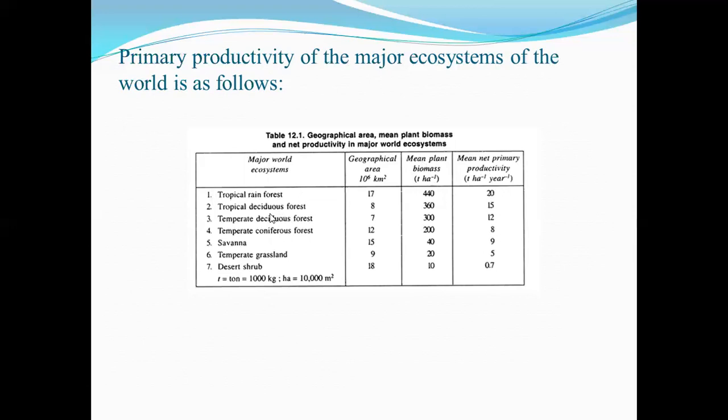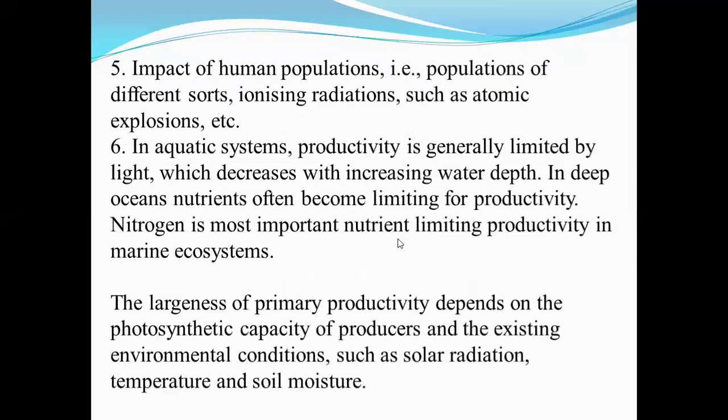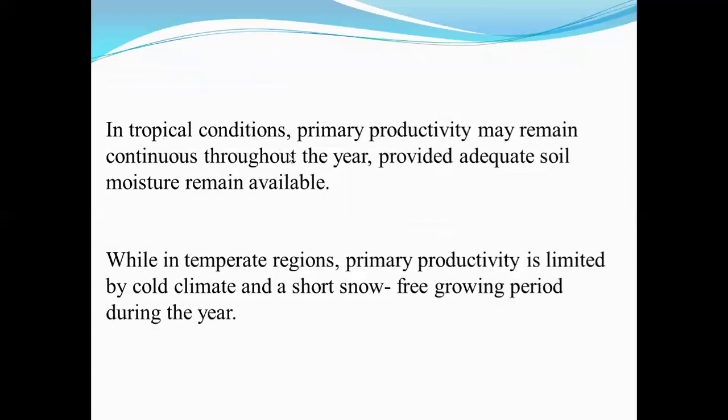In tropical rainforest, you are able to see something around 20 tons per hectare per year. That's what we have just now seen in the previous slide. In tropical conditions, the primary productivity is throughout the year, provided there is adequate soil moisture available throughout the year.